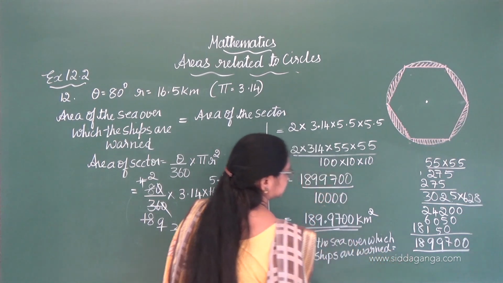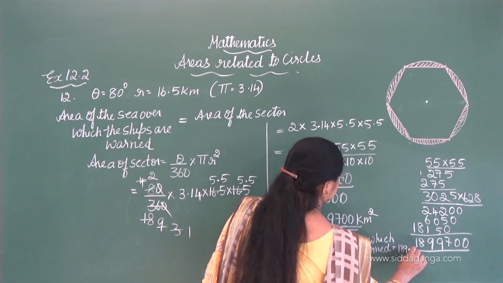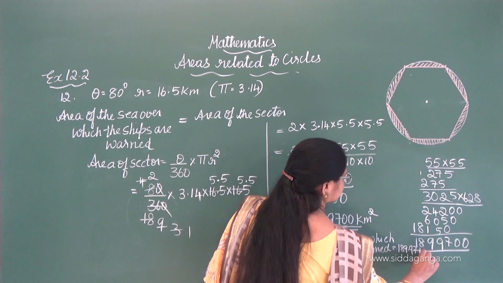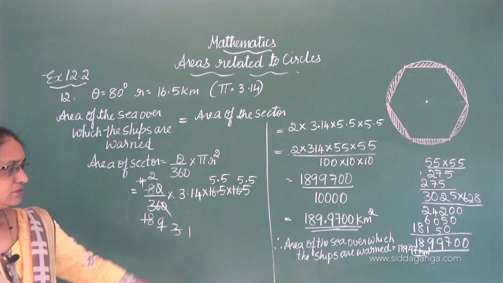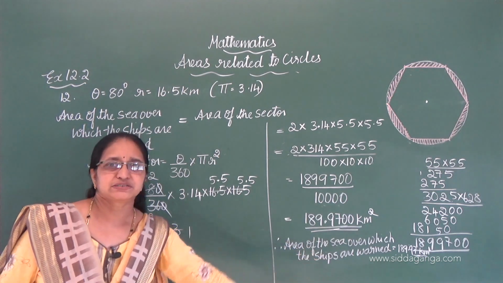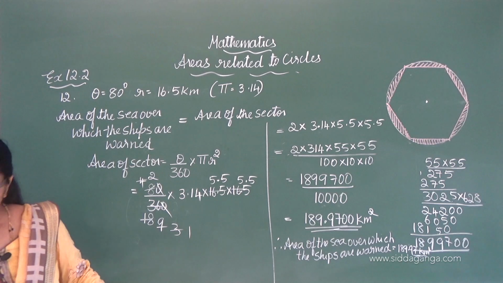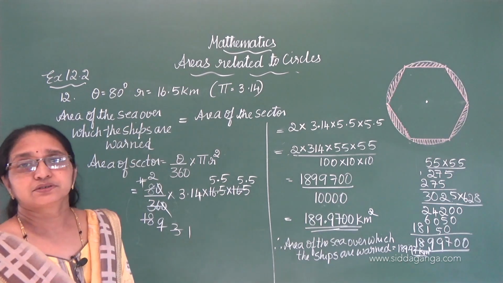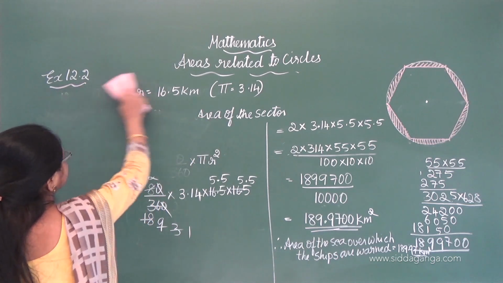You can write the answer, that is 189.97 kilometer square. Okay, so it is better to write the conclusion once again. So this is our 12th problem. Now the last one, the 13th problem, we shall work out.